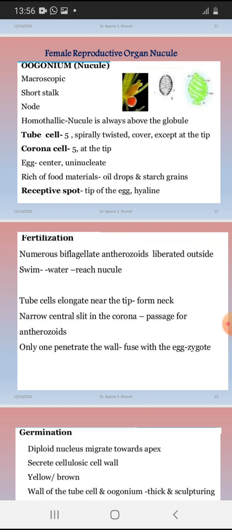So, the antherozoid through this narrow slit enter inside the nucleus, and only one penetrates the wall and fuses with the egg to form the zygote. Thus, the fertilization of egg takes place. That means the antherozoid fertilize the egg and form diploid zygote.